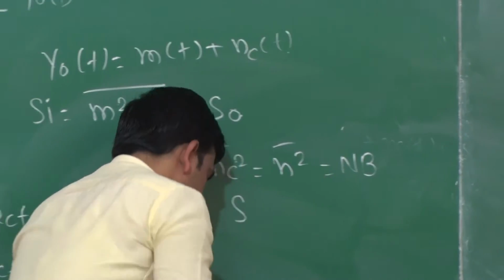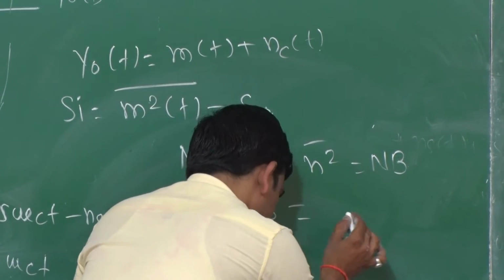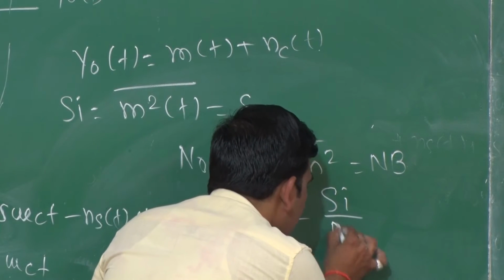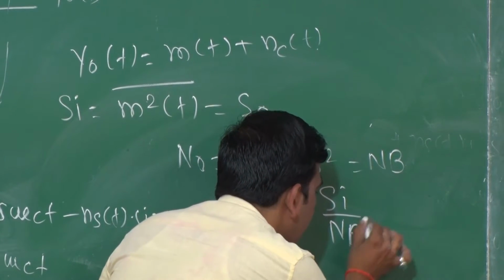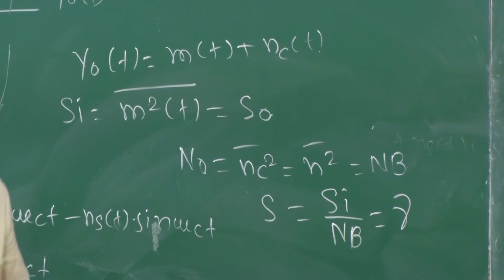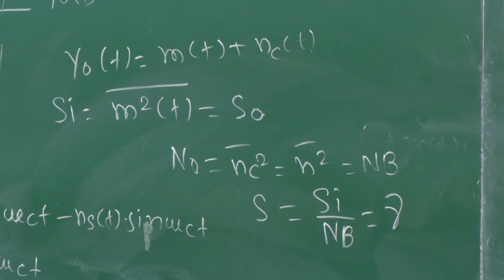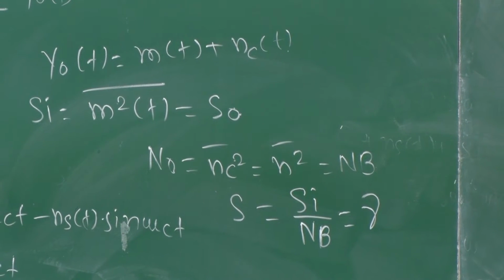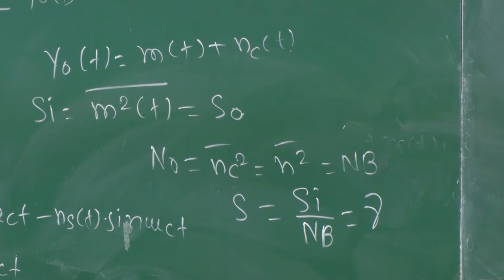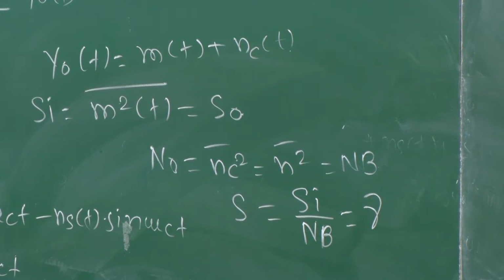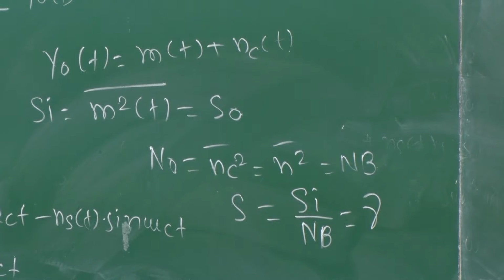So we will get this ratio, the output signal to noise ratio, equal to SI divided by NB, that is equal to gamma. So this relation still exists, that is the output signal to noise ratio is equal to m square bar divided by NB, that is equal to gamma.